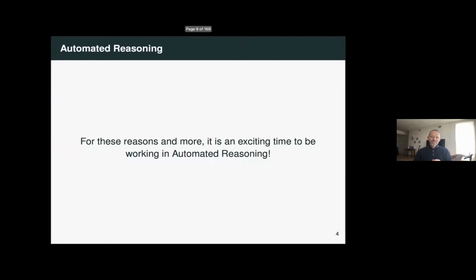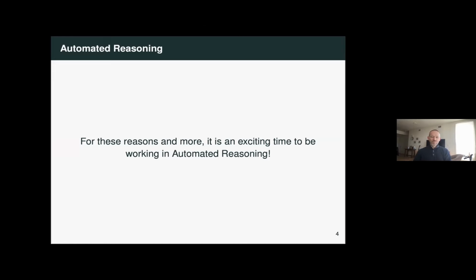Great, so what's AR? Well, automated reasoning is, as you know, these techniques for automatically solving constraint problems that are being used more and more in all kinds of applications, not just in verification, but in lots of other things.